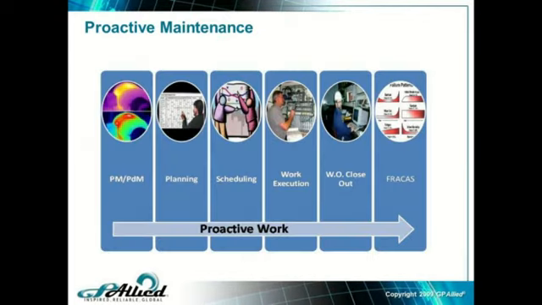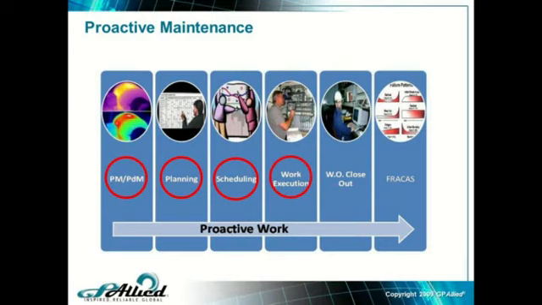So when we look at a simple proactive workflow model, most of our work should be coming from PM and PDM, from our condition monitoring. And that work now goes to planning the results from PM and PDM. We plan the work, and once we plan it, then we schedule it. And once it's scheduled, of course, work execution.